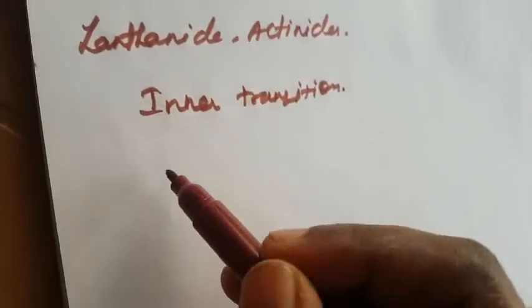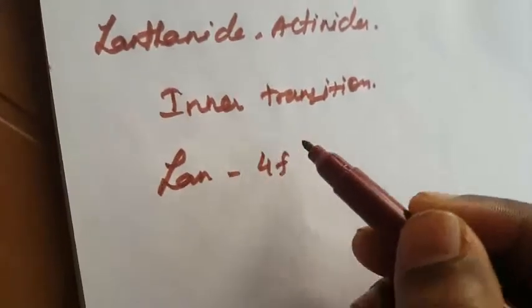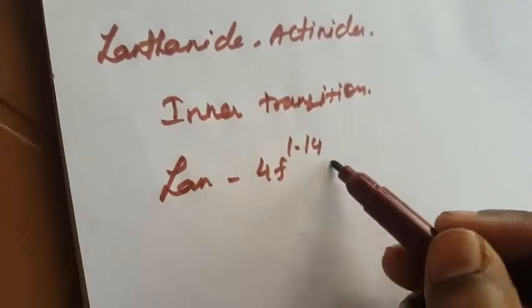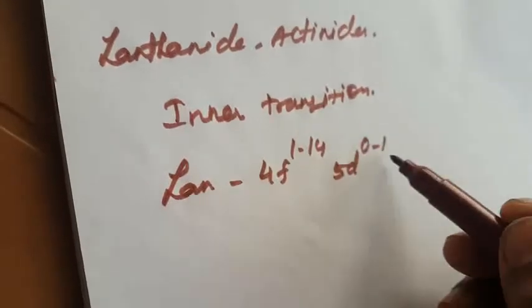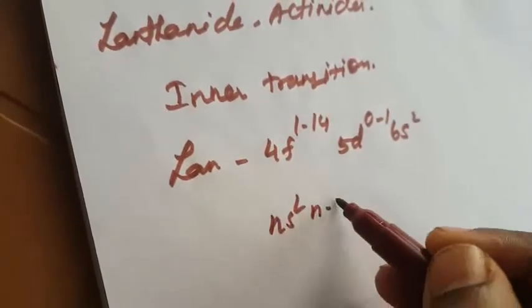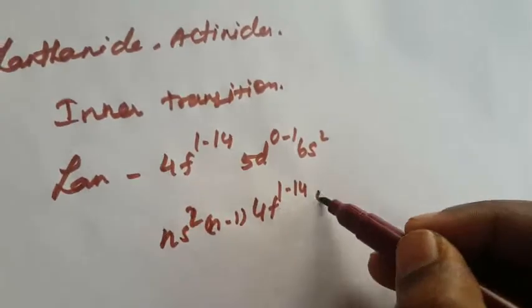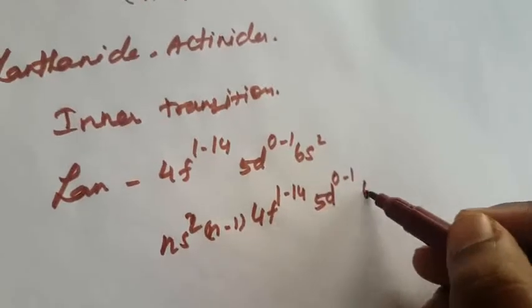The lanthanide general electronic configuration is 4f1 to 14, 5d0 to 1 and 6s2. Before that you write ns2 (n minus 1). Okay, so this is the general electronic configuration, with the f orbital 4f1 to 14, 5d0 to 1, 6s2.